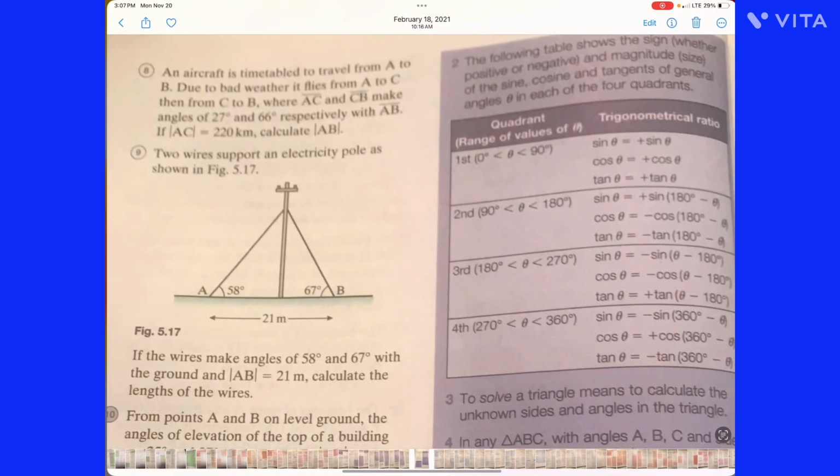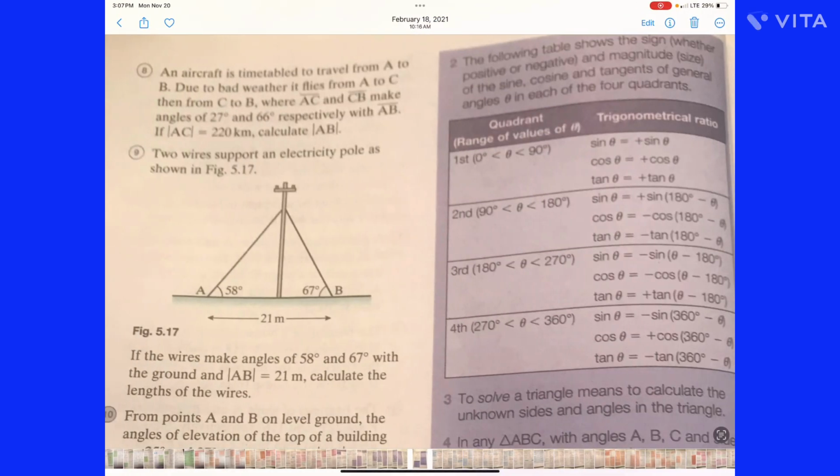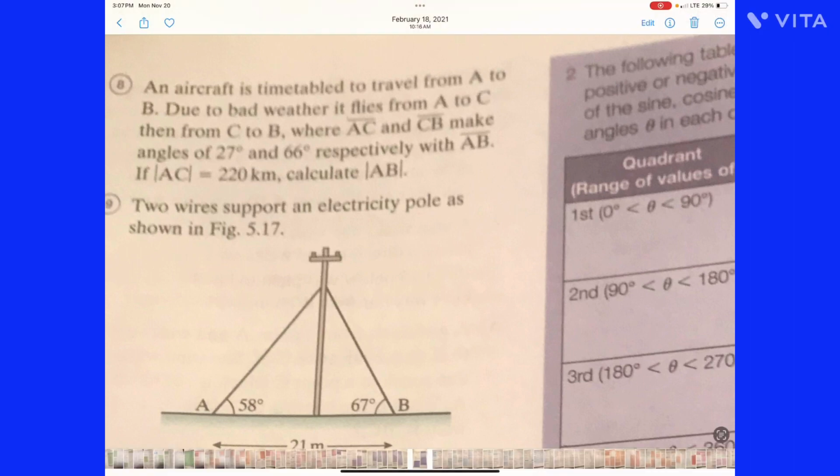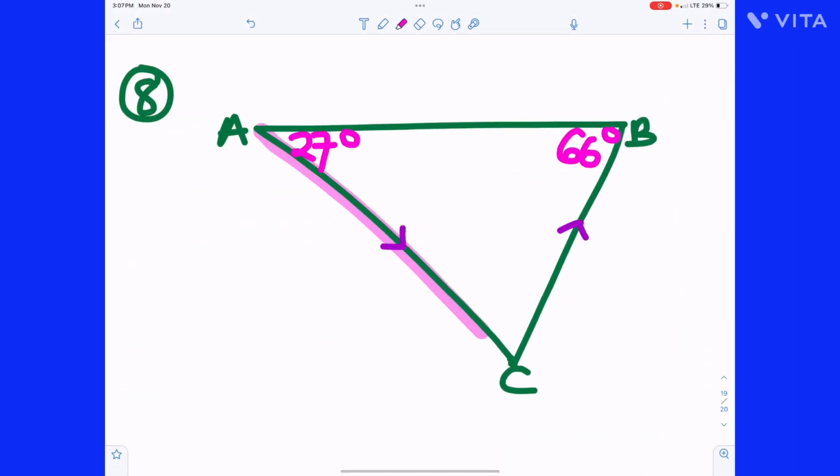I'm sure that's exactly what the statements mean. Side AC makes angle 27 degrees with AB, and side CB makes angle 66 degrees with AB, respectively.